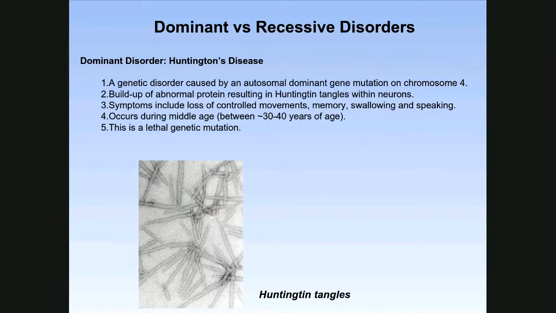Now, for Huntington's, I use an uppercase H or a lowercase h for the allele. Okay, listen carefully. The uppercase H allele, the dominant allele, causes a dominant genetic disorder known as Huntington's disease. The lowercase h allele, that's the normal allele.